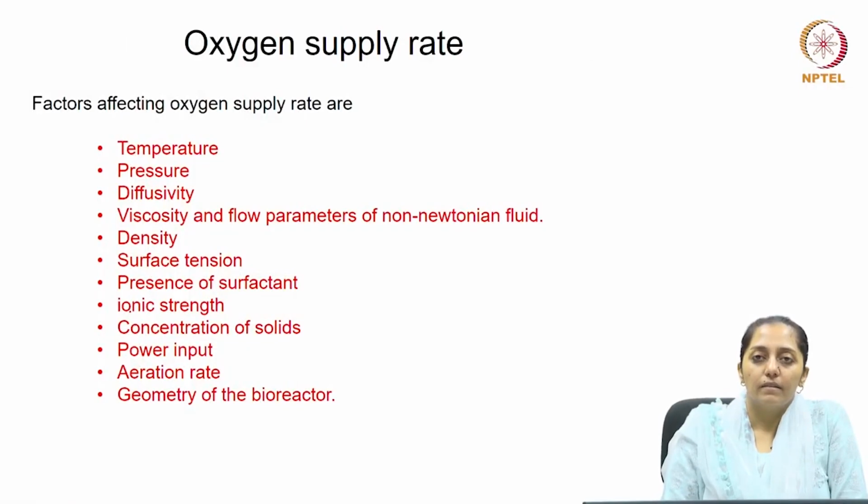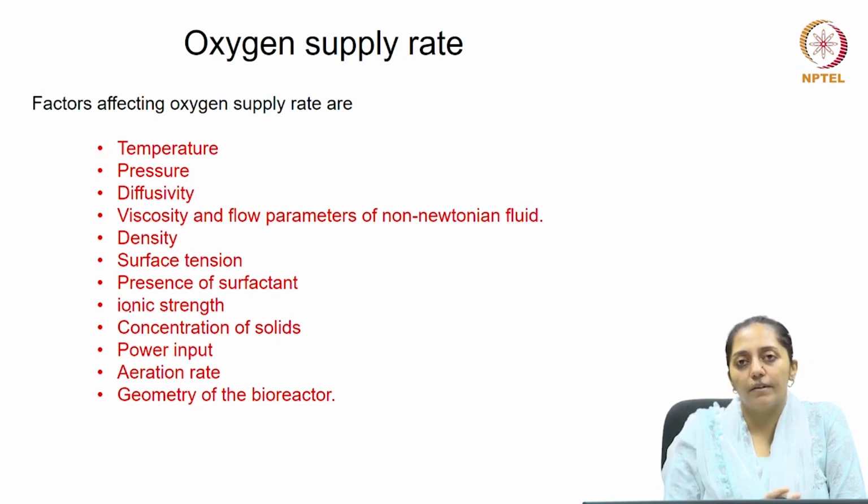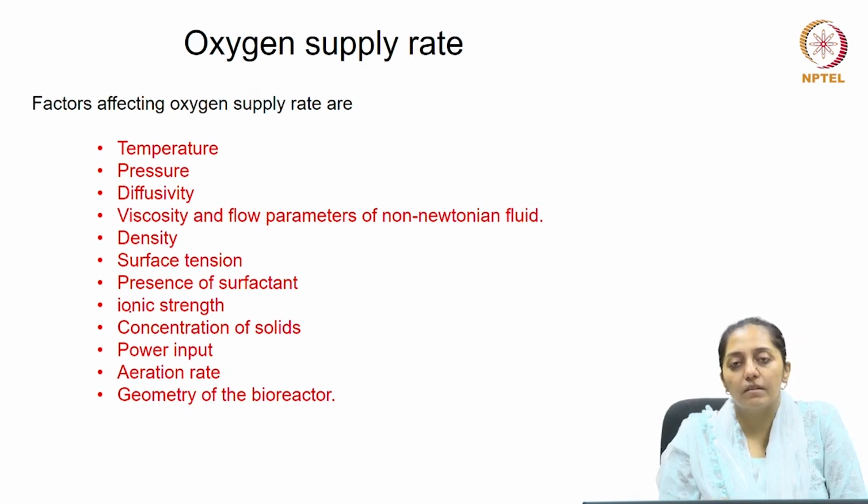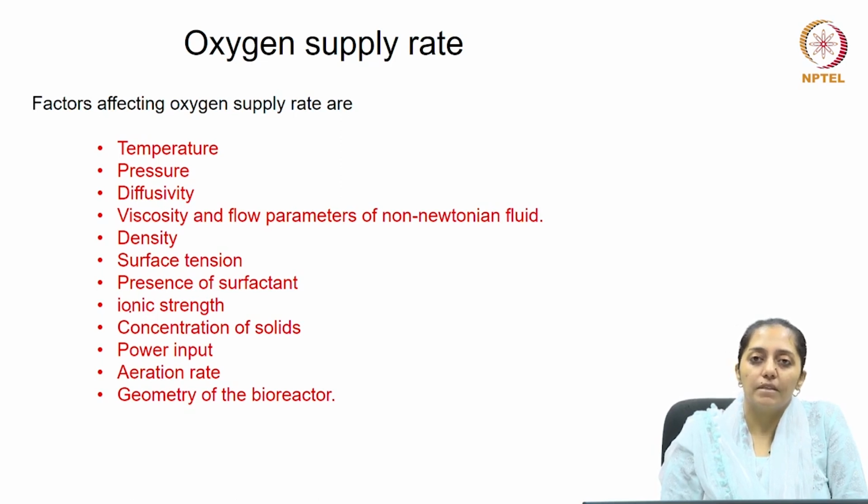So, the factors in a fermentation system which affect the oxygen supply rate or the oxygen transfer rate include temperature, pressure, diffusivity, viscosity and flow parameters of non-Newtonian fluids. For example, there are certain fluids, like fungal fermentations or plant cell fermentations, that may behave as non-Newtonian fluids at high cell densities.